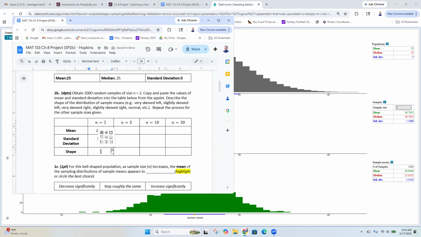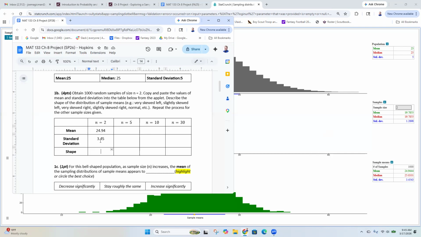If you got 24.8 or 25.1, 25.2, all of your means should be hovering somewhere around 25. Not exactly 25, but you probably got some kind of decimal. So that sounds great.